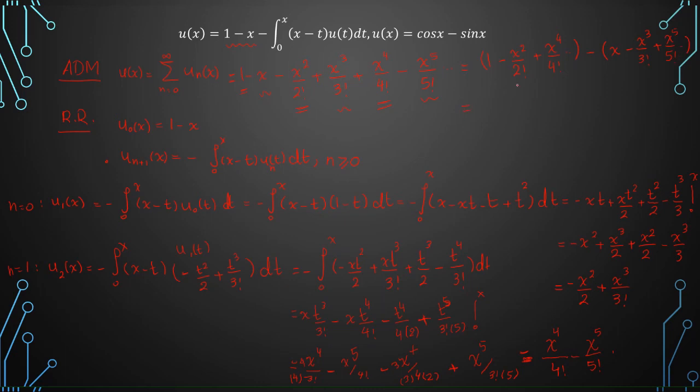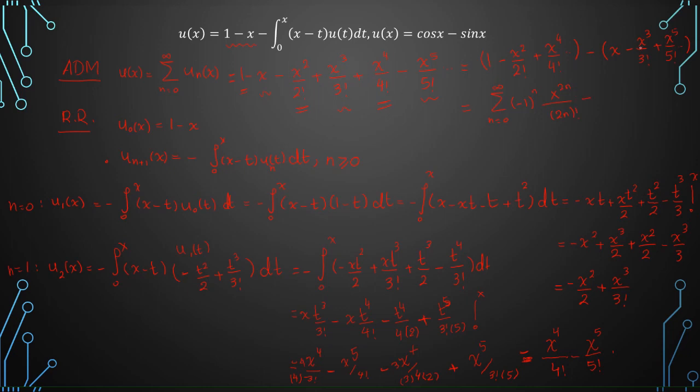Now this can be a closed form, which is summation n from 0 to infinity of minus 1 raised to n x raised to 2n over 2n factorial.